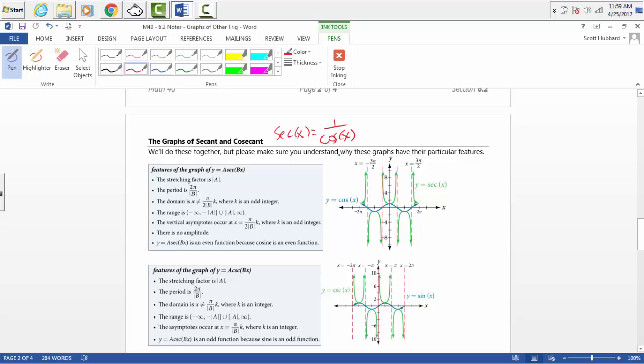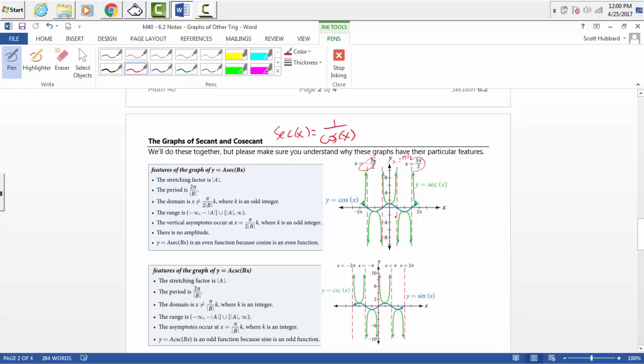So whenever cosine is going to be 0, I'm going to have a vertical asymptote. And cosine is 0 at pi over 2 and negative pi over 2. So that's why at negative 3 pi over 2, 3 pi over 2, and also here at x is pi over 2, I have these vertical asymptotes.